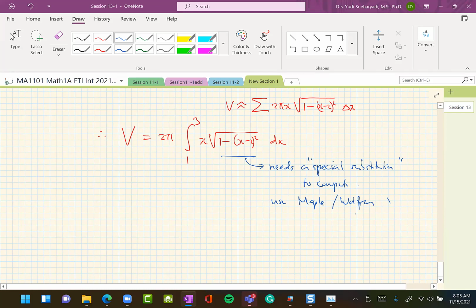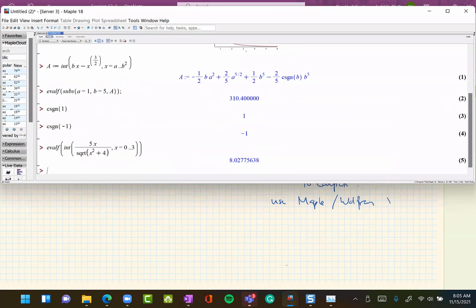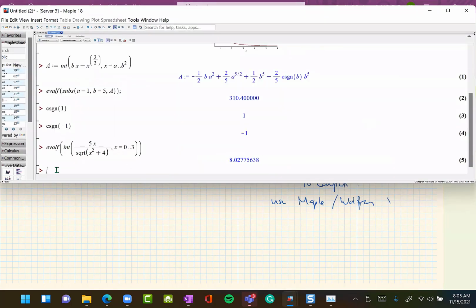Okay, or if you want to compute that, well, let's do this one: x times the square root of 1 minus. Okay. Let's do this one because I have Maple already here.